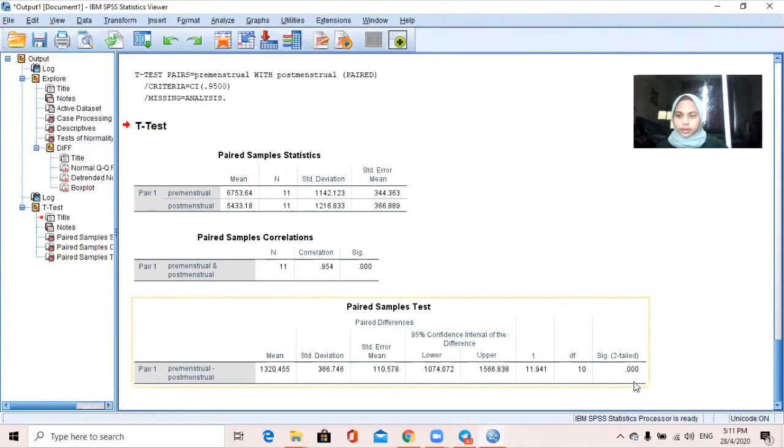If the p-value is less than 0.05, we can reject the null hypothesis. If the p-value is more than 0.05, we fail to reject the null hypothesis. So the results show that the p-value is less than 0.05, so we are able to reject the null hypothesis. There is a significant difference of the mean daily energy intake between premenstrual and postmenstrual.